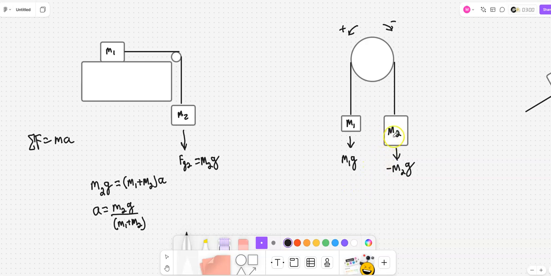And so let's set this up. What would this look like? Well, using the same idea, sum of the forces is equal to mass times acceleration. We know that there's going to be two forces, the weight on box 1 and the weight on box 2, so we need to add those together. Let me make that negative. Make sure you make that negative or that won't work out for you. And now it's the same thing. We just add up the mass of the entire system.